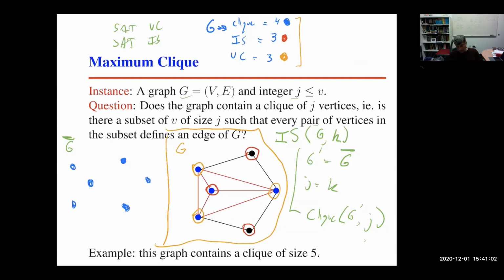I'm going to make it black. The edges of G prime are this edge, this edge, this edge, this edge, and that edge. Does everybody agree that those are the only edges in G prime? People see that now? What is the size of the largest clique here?